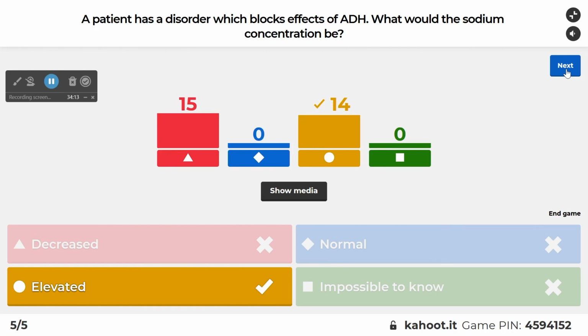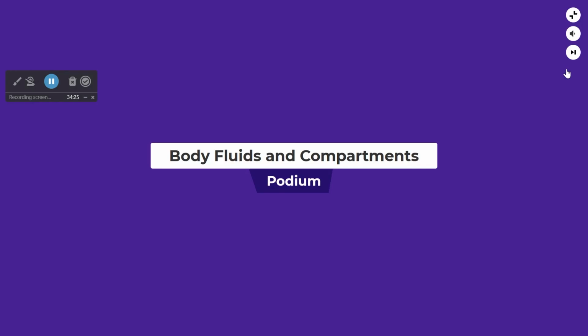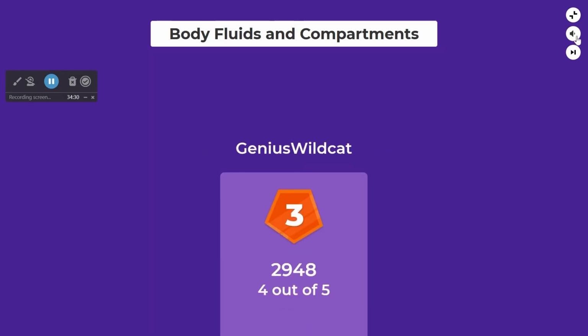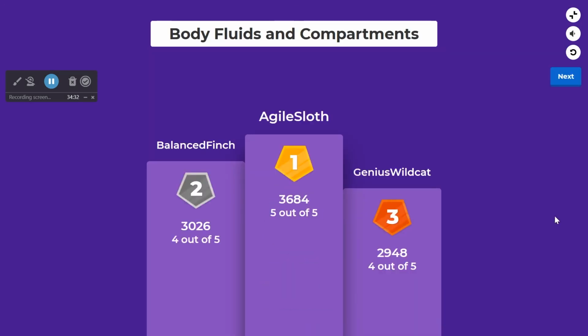Water does typically follow salt. But if you have a blockade of ADH, you're basically peeing out free water. Not water with salt, just water. So your sodium concentration goes up and up. Can be fatal, in fact. Because remember that osmolarity affects the cell size all over the body.